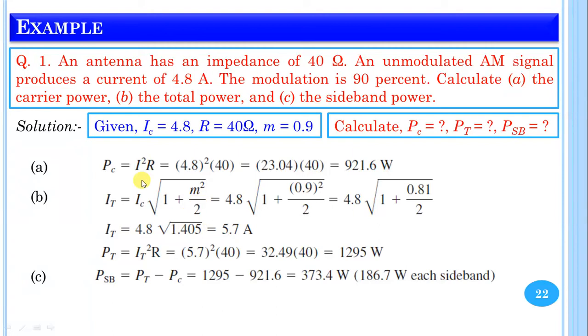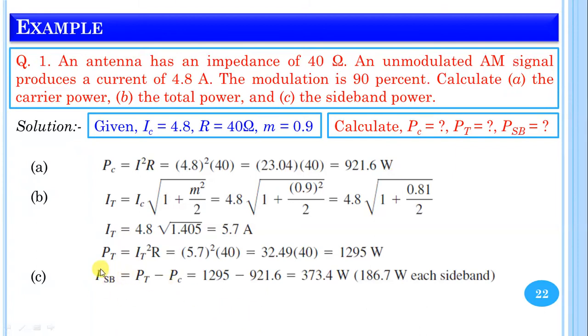This is another expression. So we need to calculate the It value, the total current, through which we can calculate the total power, which is equal to It square into R. So we are getting 1295 watts here, and here we are getting 921.6.